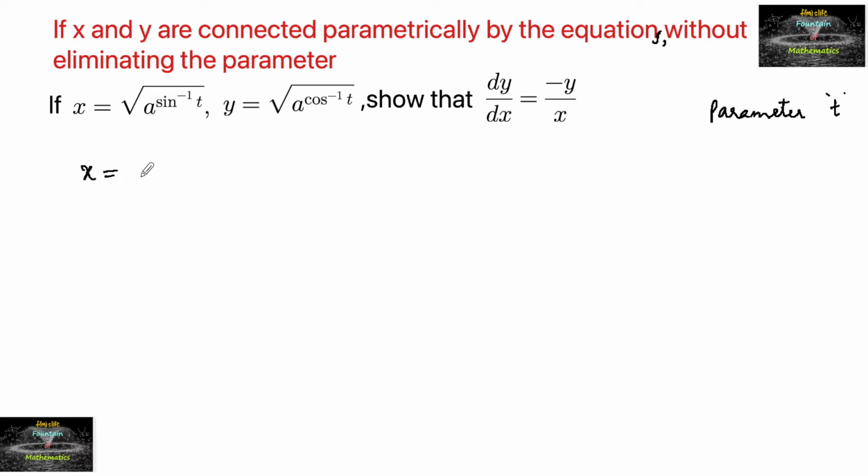So if x is equal to root over a to the power sine inverse t, we can write this as a to the power of sine inverse t, whole to the power of 1 by 2. Let us find the differentiation by using logarithm. Take logarithm on both the sides.